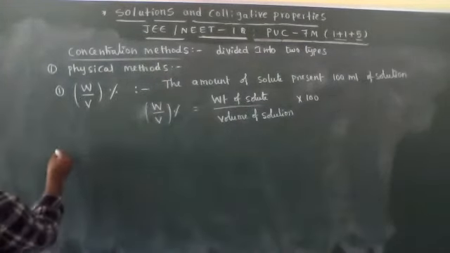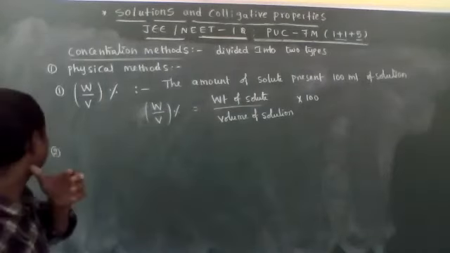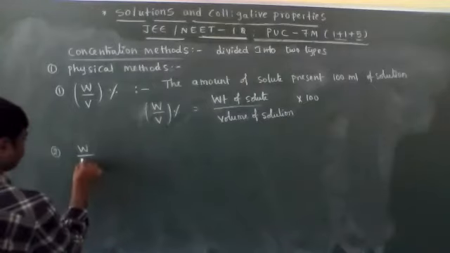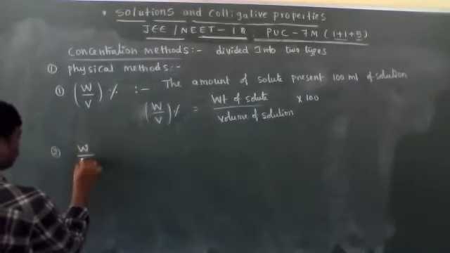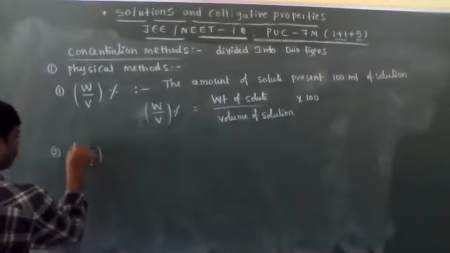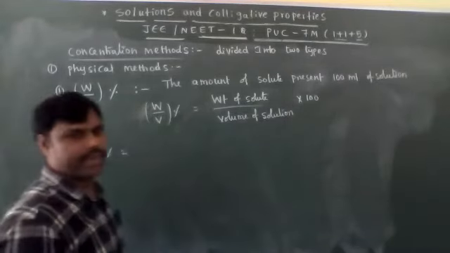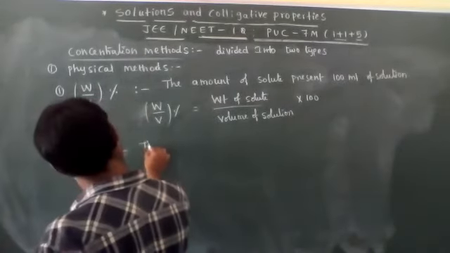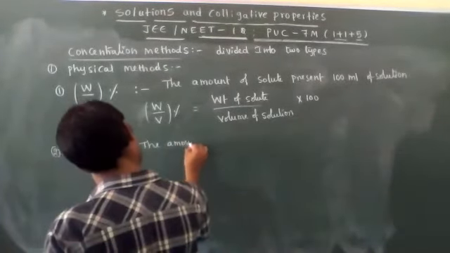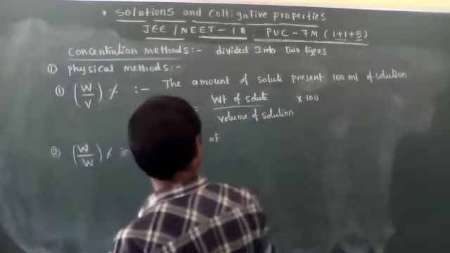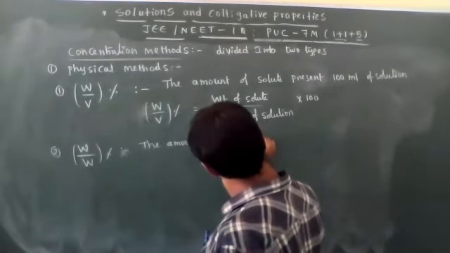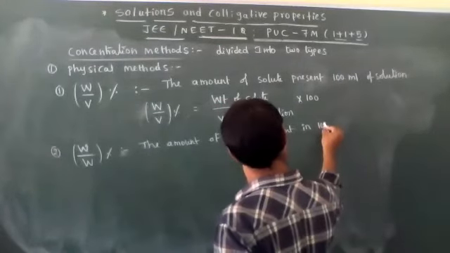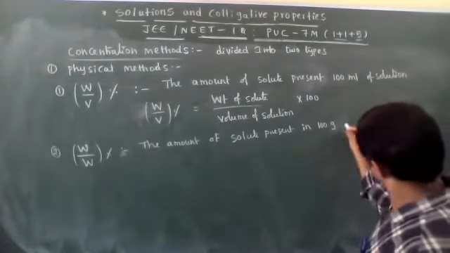Okay students, let's see the second one: weight by weight percentage. What is weight by weight percentage? It is nothing but the amount of solute present in 100 grams of solution.